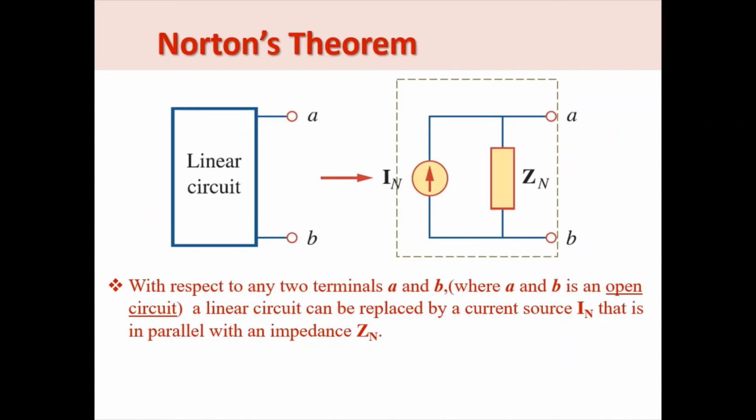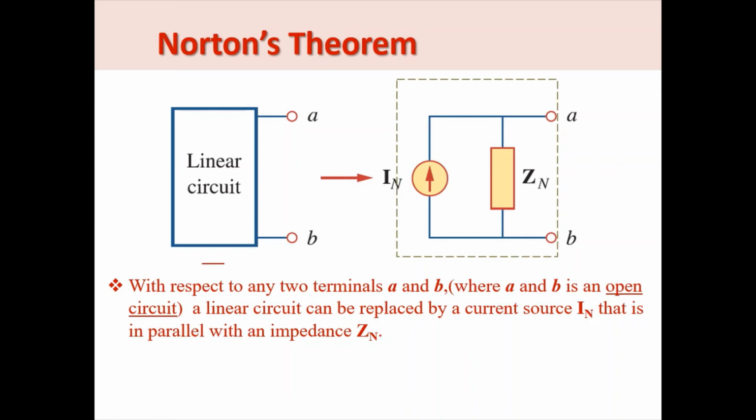Now let's go to Norton's theorem. Again, let's say we have a linear circuit and connected from that linear circuit are two terminals. Now looking at the open terminals again, what we see is actually a circuit that looks like the one on the right side.